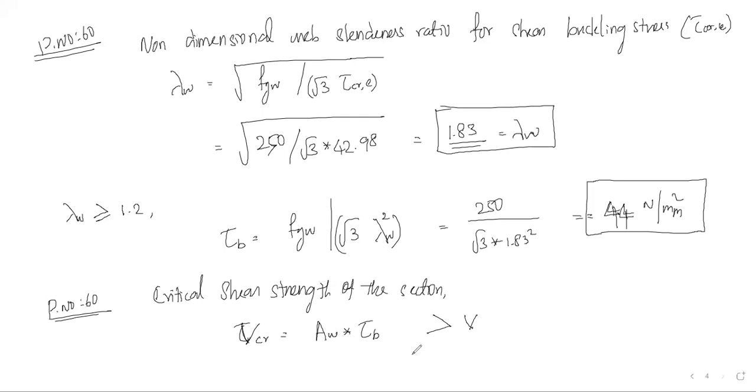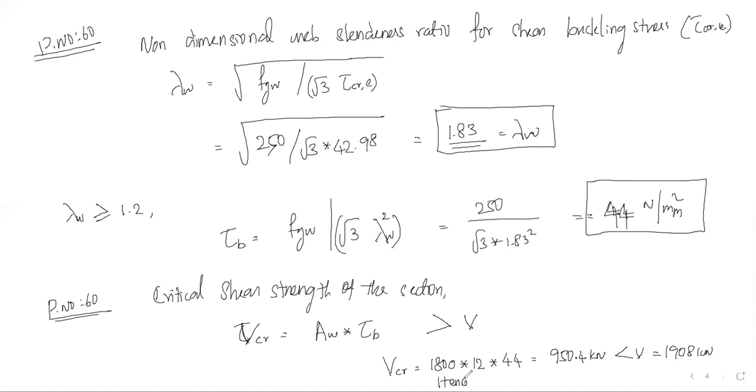So VCR is equal to area of web, that is depth of web multiplied with the breadth of web, into tau B 44. This value is around 950.4 kilonewton, which is less than our V, that is the actual shear force created due to the load.